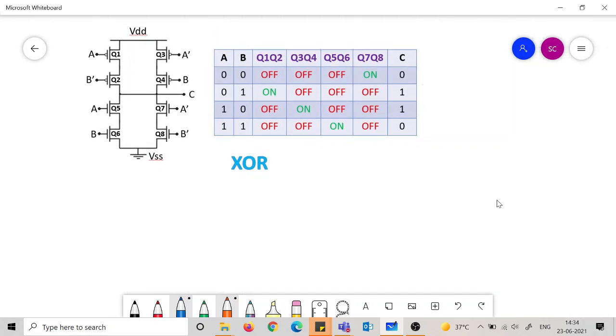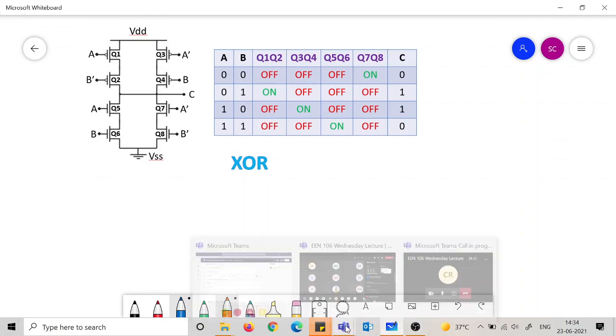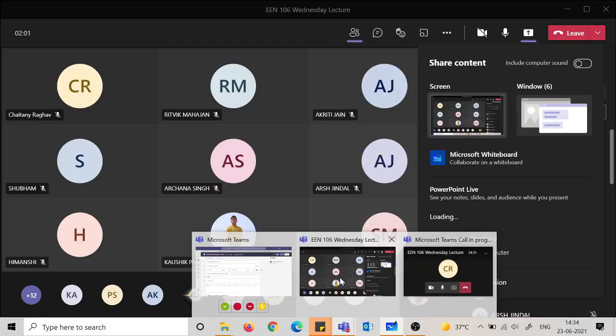So you understand how we are analyzing the CMOS circuits, and by looking at that, you will be able to also construct simple CMOS circuits if a particular behavior is given to you. So here we end the course from my side, and we will discuss the end term examinations.